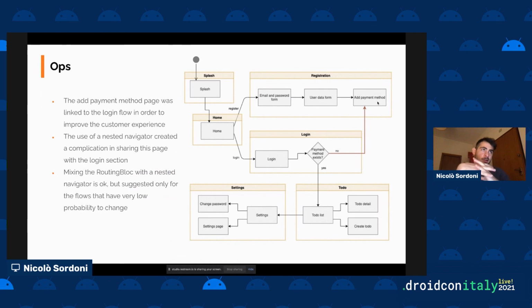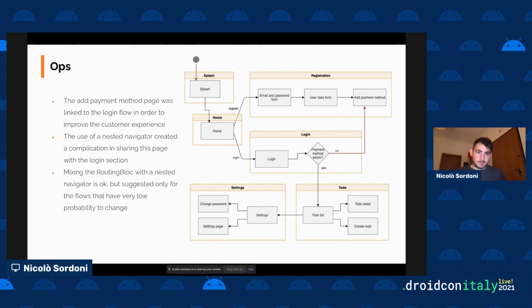In this case, having nested everything inside another registration section with its own navigator, it was a bit tricky to reach this page from outside because it was confined to a nested structure.